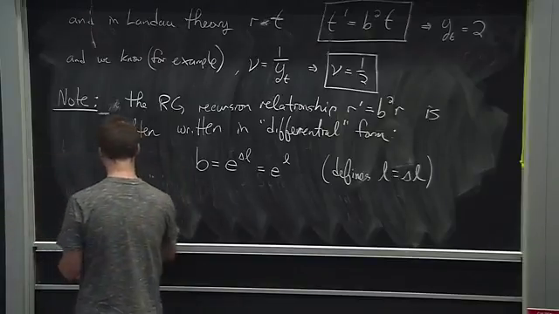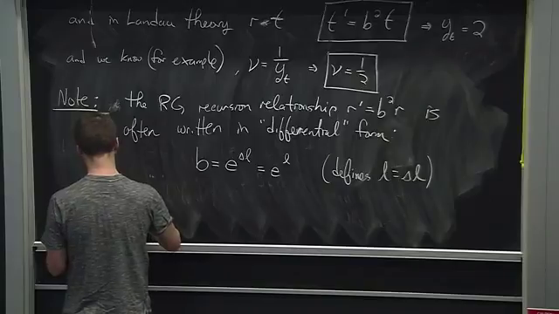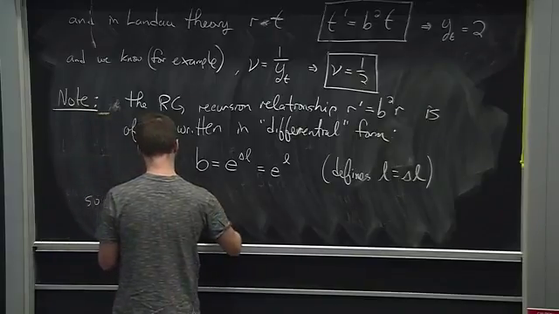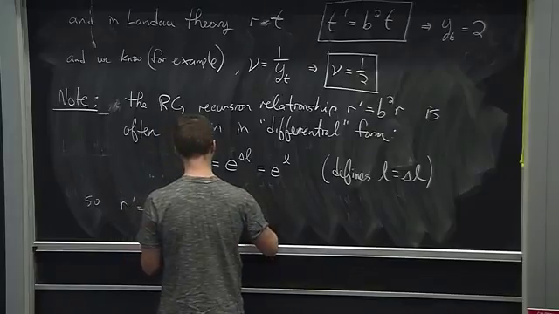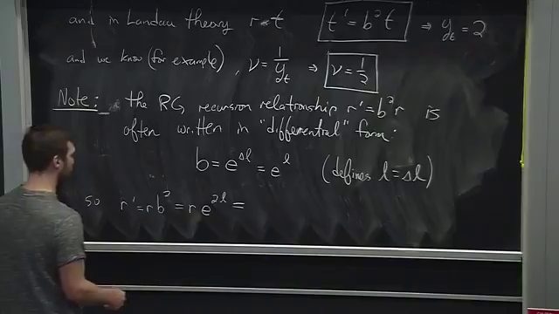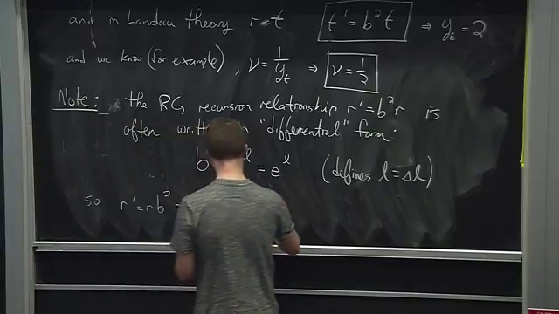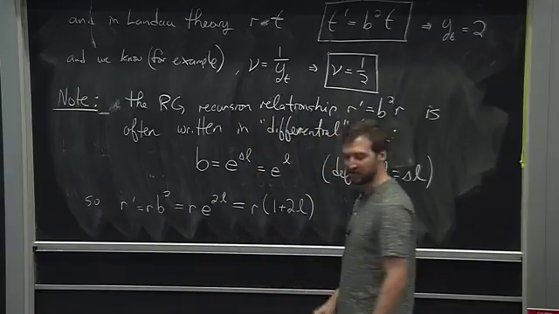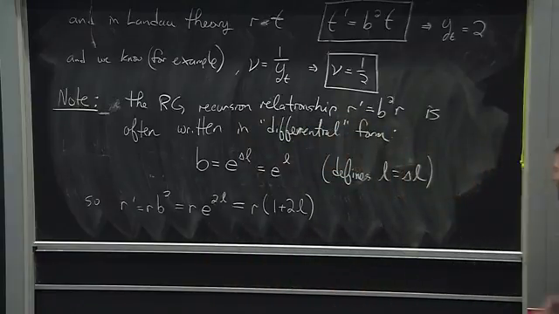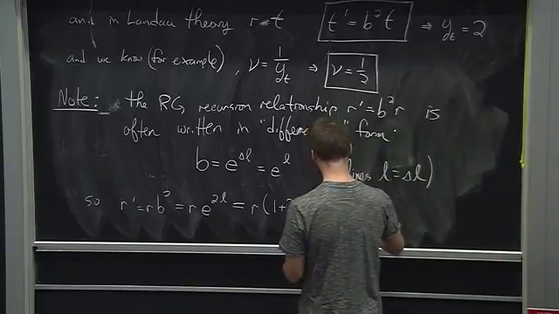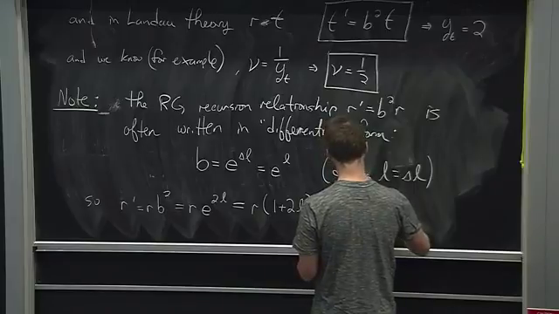So R prime, R to the e to L in our case, and I would expand that exponential, just linearizing everything, making that delta L small. That lets you define a derivative.